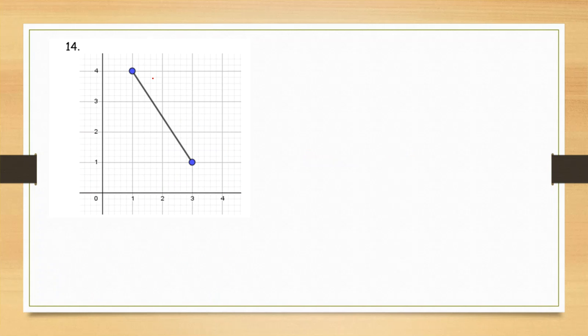So for question 14, you can notice as we go from this point down to this point, we're going down. So we should get a negative gradient. So when you think about it going down, the rise is actually negative. So it actually goes down 3 and then across 2.